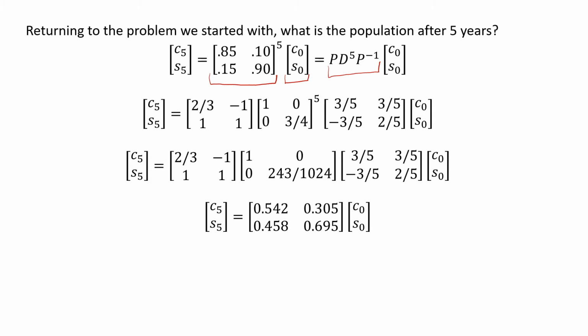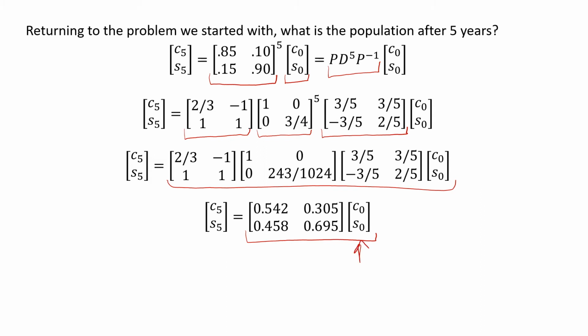Well, we just figured out what P was. We can very easily do D to the fifth. P inverse takes a little bit of work, but not as much. So in the end, when we multiply everything out, we get a short and much more efficient way of figuring out the population.